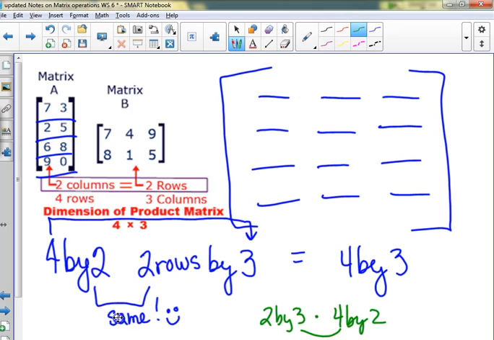Nope, reciprocal is flipping it over. It's commutative. Do you remember ever talking about the commutative property, A times B equals B times A? Well, it does not work for matrices. Do you see that? This doesn't work. Okay, but back to how you actually multiply them.